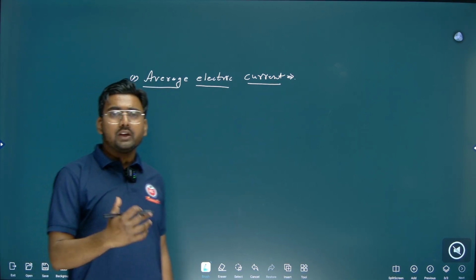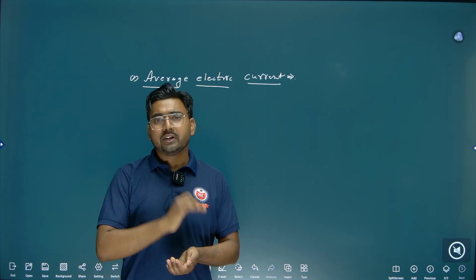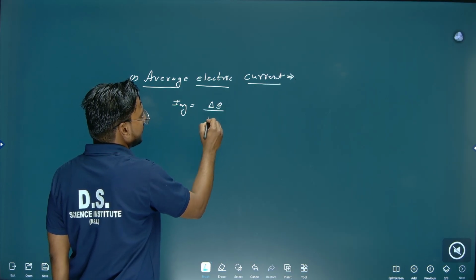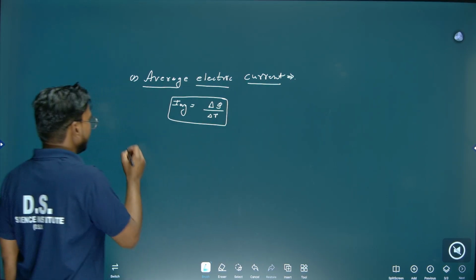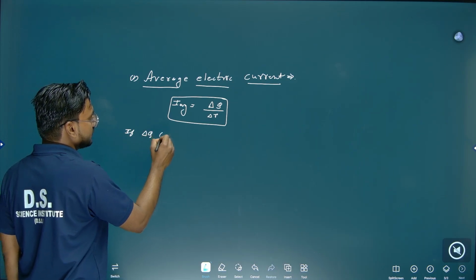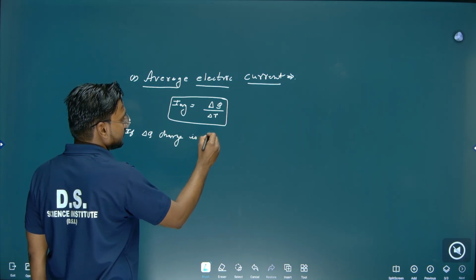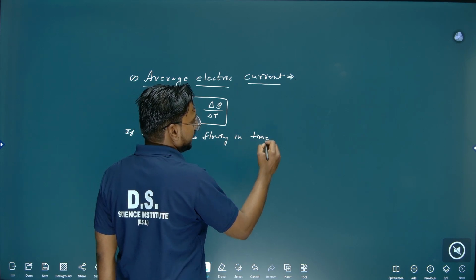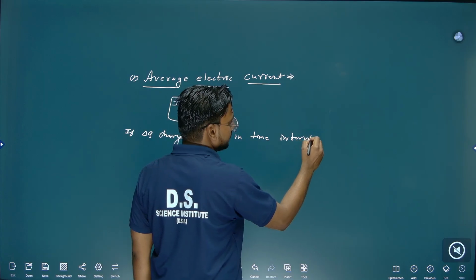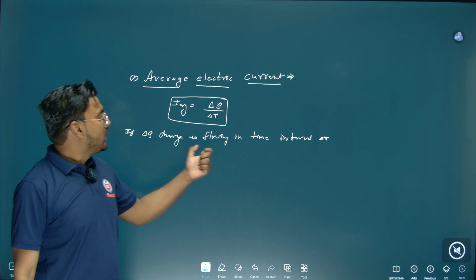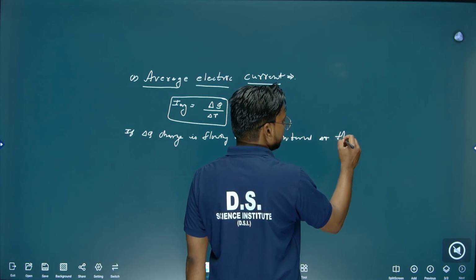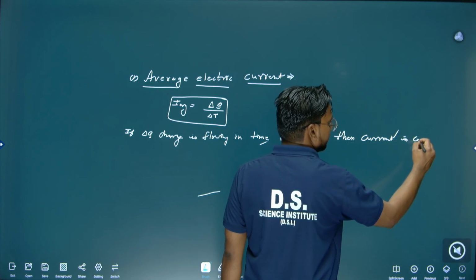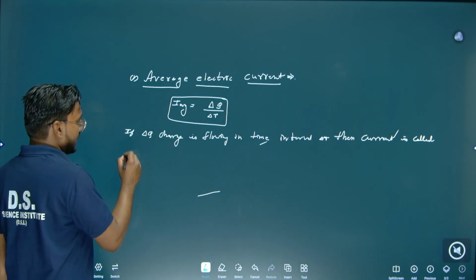If delta Q charge is flowing in time interval delta T, then the current is called average electric current. So I average is delta Q upon delta T.